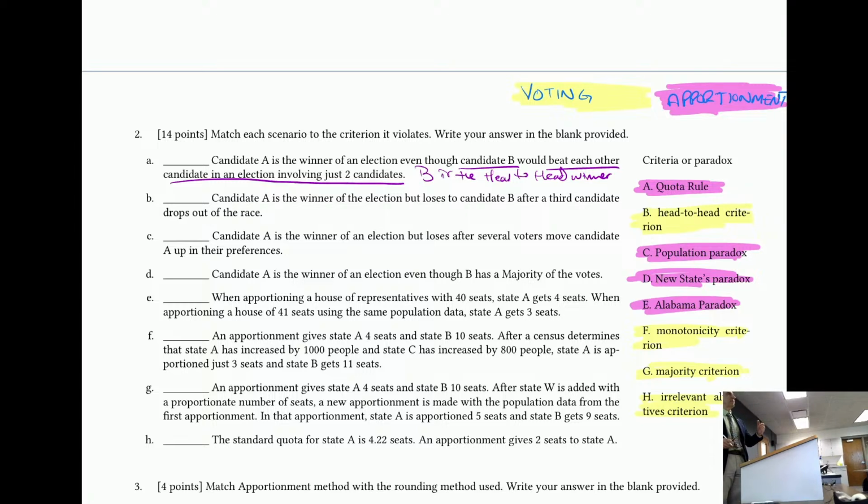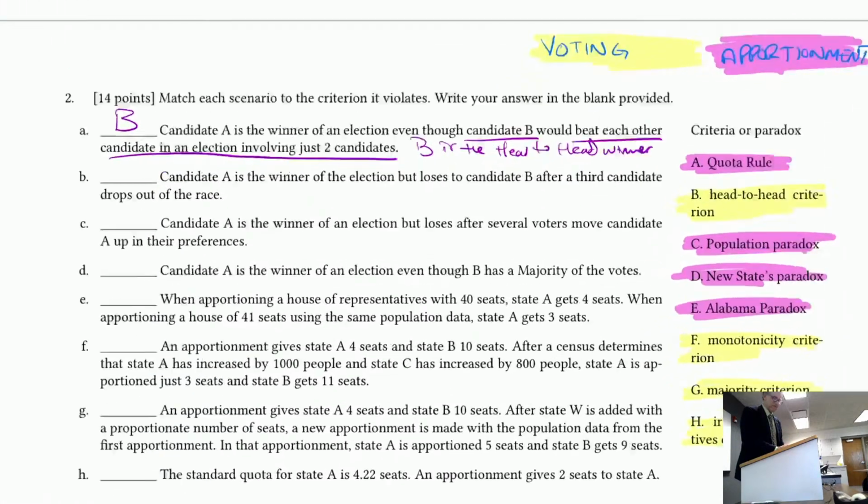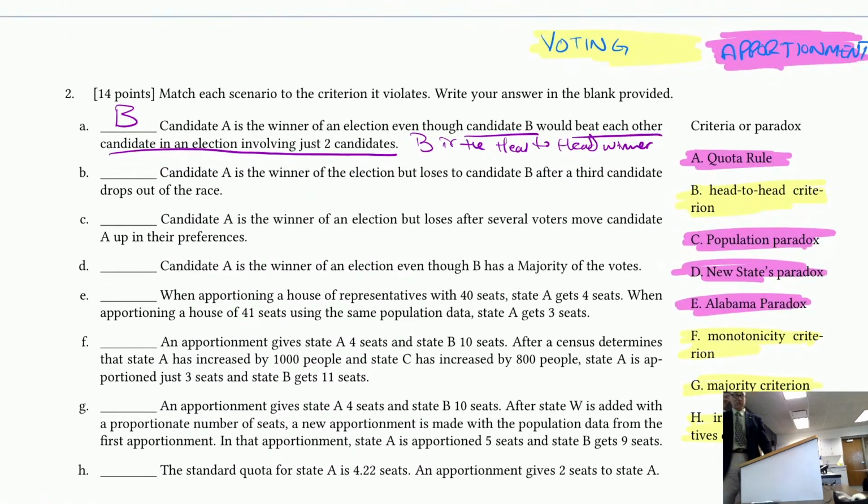Like if B went up against everyone else in Mario Kart or whatever it is, B would dominate, and yet B doesn't win the election. And so that doesn't seem right, does it? Well, that's a violation of what's called the head-to-head criterion right there. So that's letter B. I know this is pretty straightforward, but let's make sure that we got it so that you can do this. You'll have something similar on the actual exam.